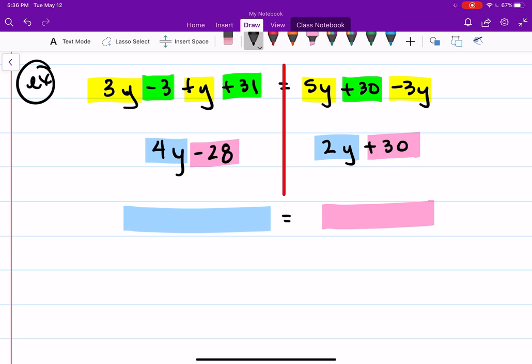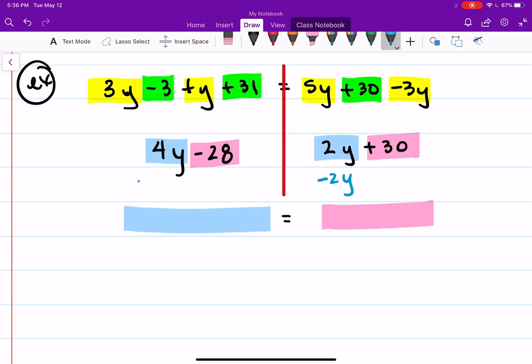So the 2y, I would use blue here. The 2y, in order to get it over to the left side, I would have to add the inverse. There's a positive 2y, so I subtract 2y. If I do it to the right, I gotta do it to the left. So that this way on the right, it becomes a 0. Okay? So that's gonna give me a 2y.